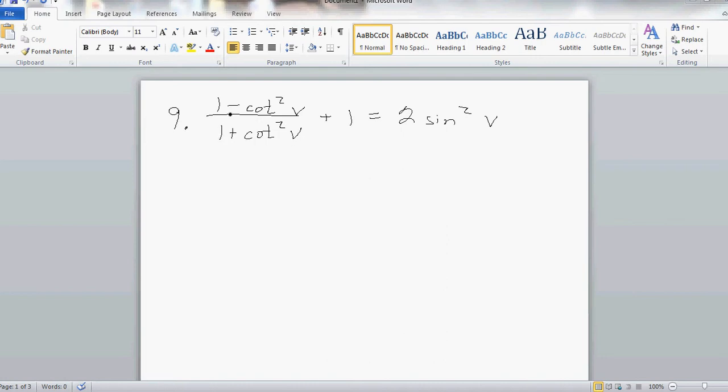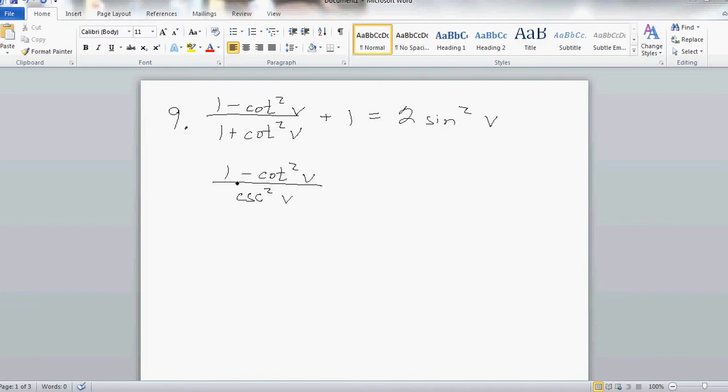And then if we look at the identities, 1 plus cotangent squared of v is an identity, and in fact it is the cosecant squared of v.